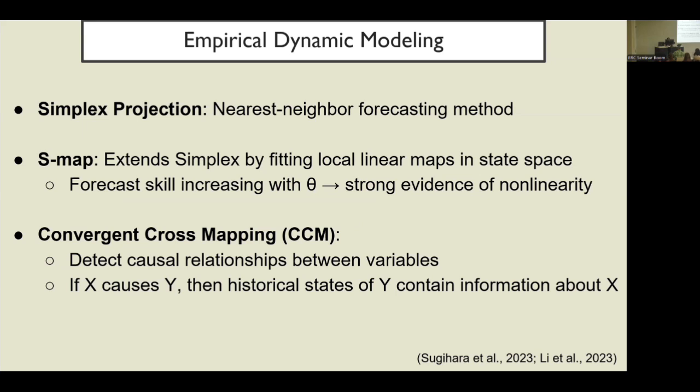After that, we can use convergent cross mapping to test for causal relationships between variables. If a predator species significantly affects the blue crab population, then we should be able to reconstruct the predator's population dynamics from the blue crab data.